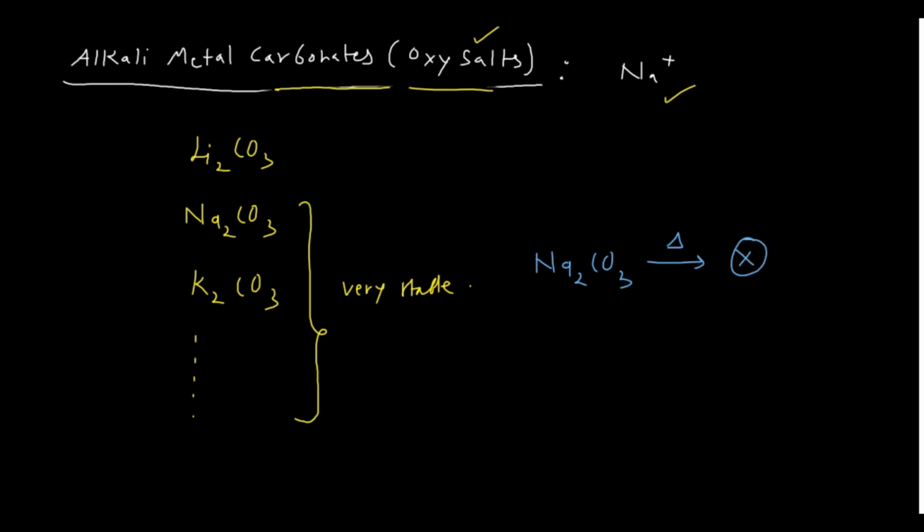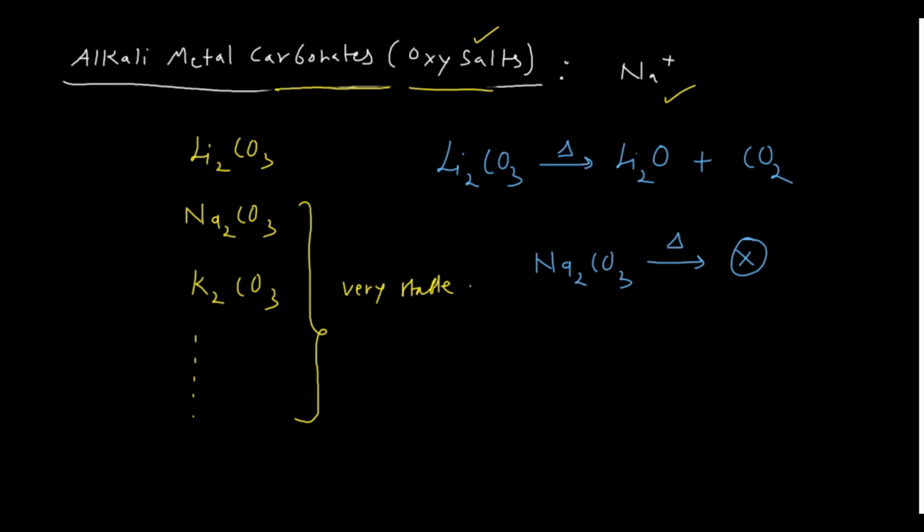But if you take lithium carbonate, Li2CO3, and heat it, it will break into lithium oxide along with carbon dioxide. This reaction is only possible in the case of lithium carbonate, and not for the other carbonates. That means lithium carbonate is the least stable and decomposes readily on heating.